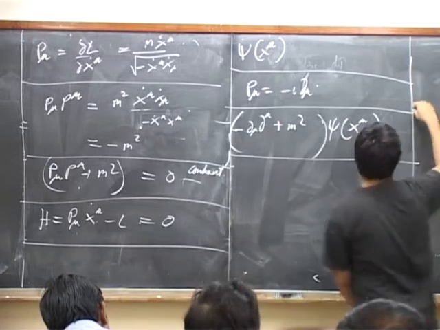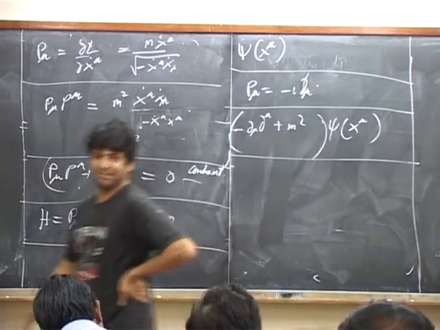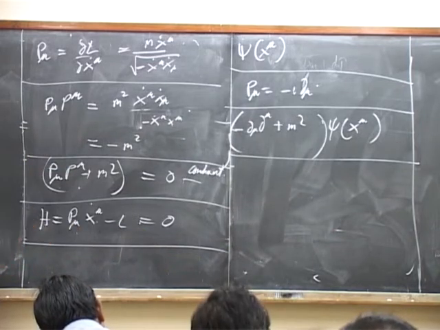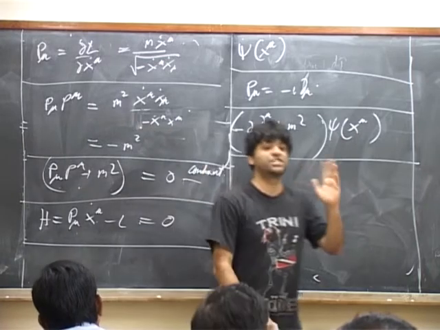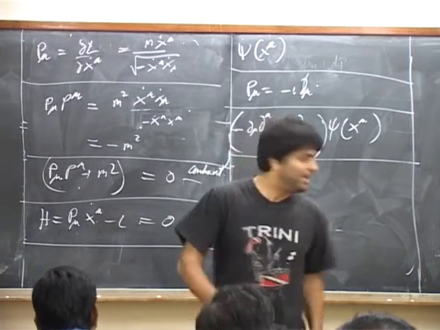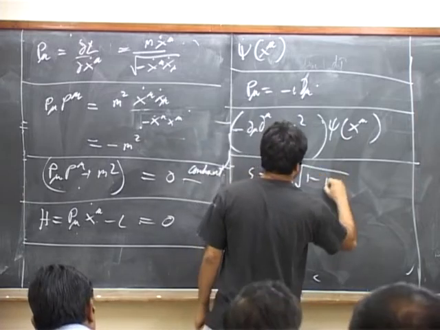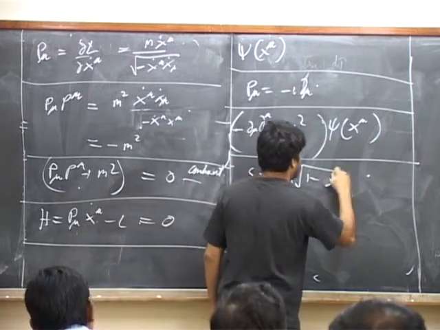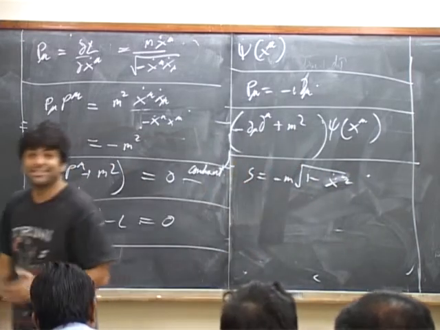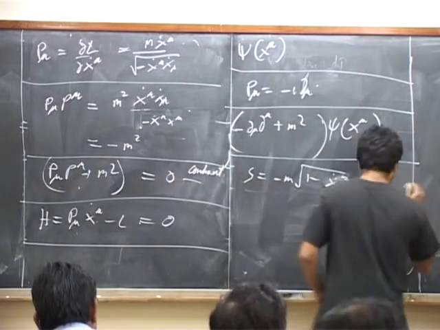Now, what sense is this making? In order to see what sense this is making, let's go back and use a much more lowbrow approach to the quantization of the system. Let's go back to the Lagrangian. S was equal to minus m square root of 1 minus xi dot squared, where we chose a particular implementation of what tau is. How do we do the quantization of this system?